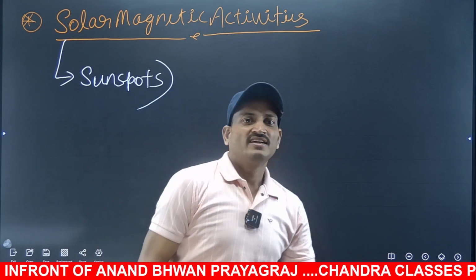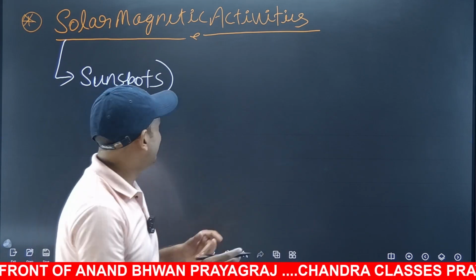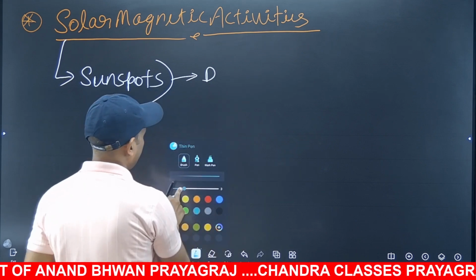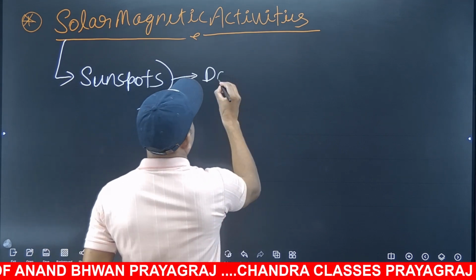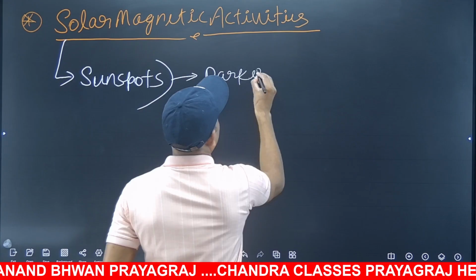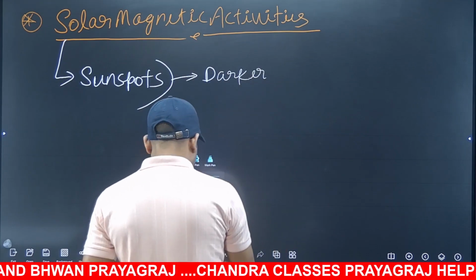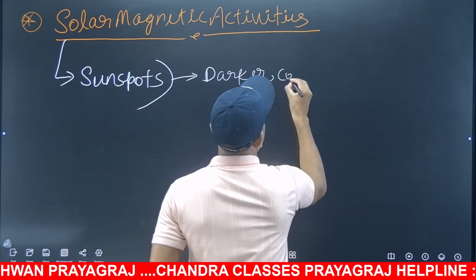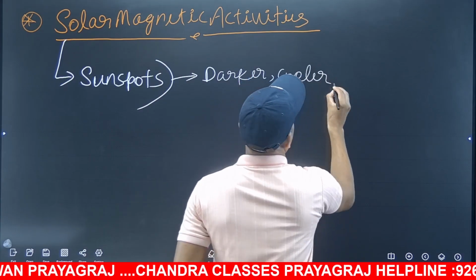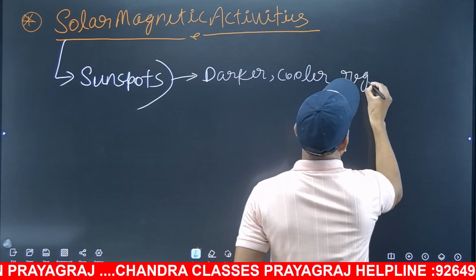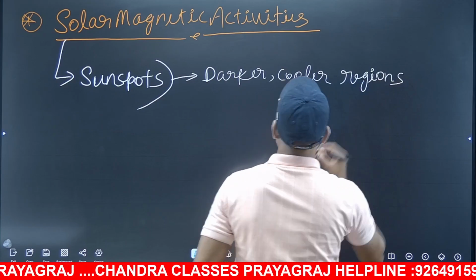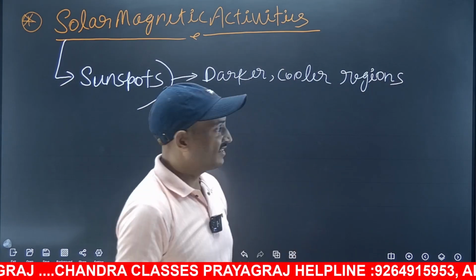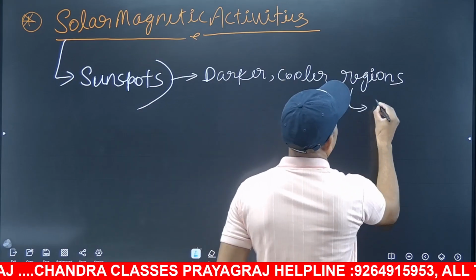Sunspots are comparatively darker, cooler regions. Where do they remain? They remain at the photosphere.